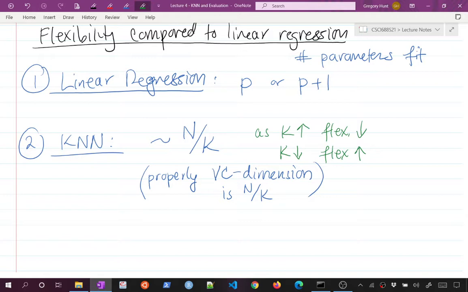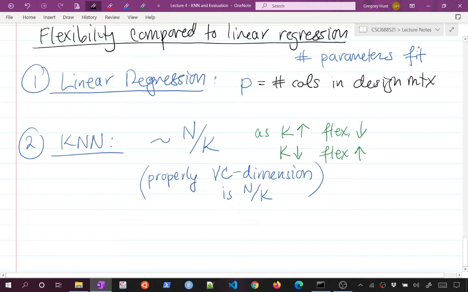What really controls the fit is the number of columns in my design matrix. So maybe I should really just say, in linear regression, the number of parameters I need to fit is just p, which is the number of columns in my design matrix.